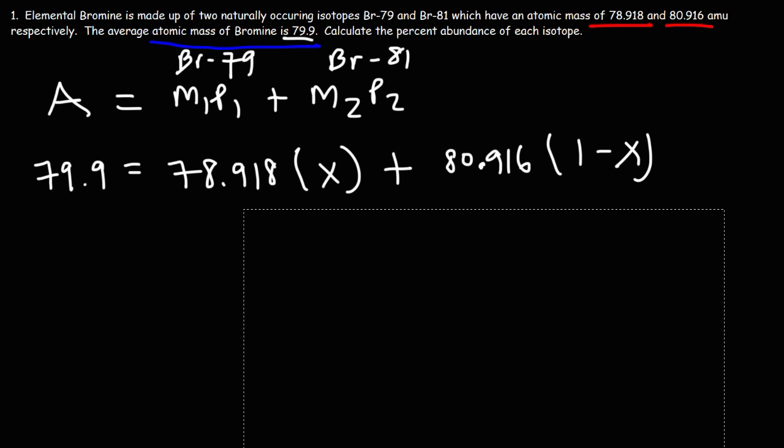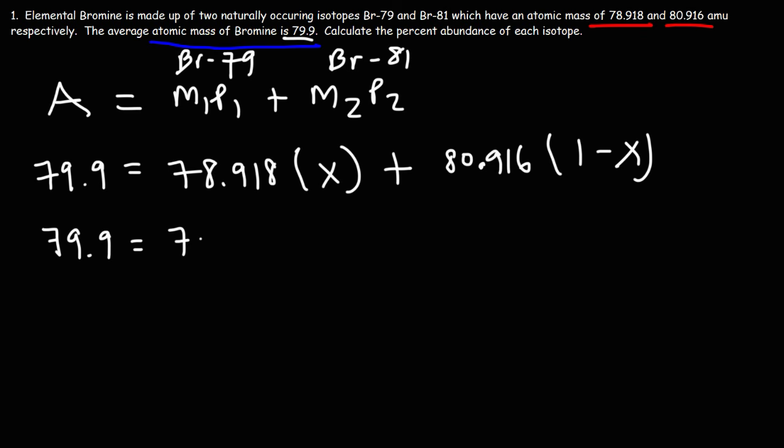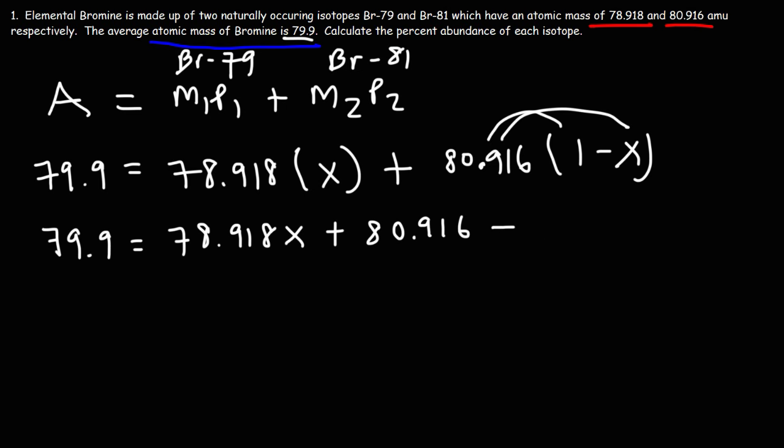So now we have one equation with one variable, which means we can solve the equation. At this point, it's all algebra. Let's go ahead and distribute 80.916 to 1 and to negative X. Now what we need to do is combine like terms.